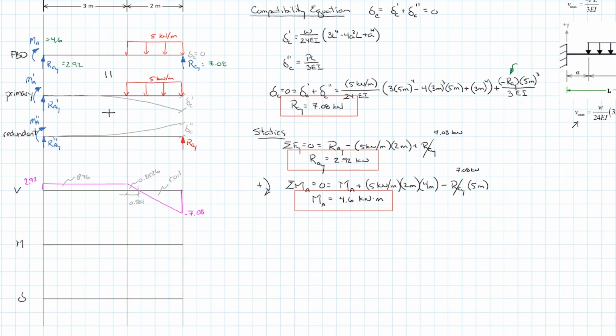And so when I do the bending moment diagram, of course we have that point moment at A, which is going to push us down for an initial start, and we're going to come down. That value is negative 4.6, and then we have constant shear force, so we're going to go up linearly, and if I add to the negative 4.6 the area under the shear force diagram, that will take us up to a value of 4.16. I see I have my proportions off a little bit here.